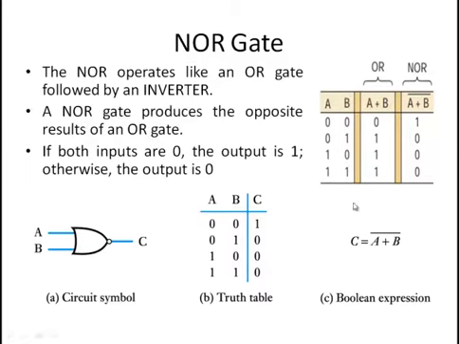These 1, 2 and 3 columns will make the truth table for the NOR gate. Further, if both inputs are 0, like here, then the output is 1. Otherwise the output is 0, like here. This is just a conclusive remark drawn from the truth table, which you can make from this expression or by this table.